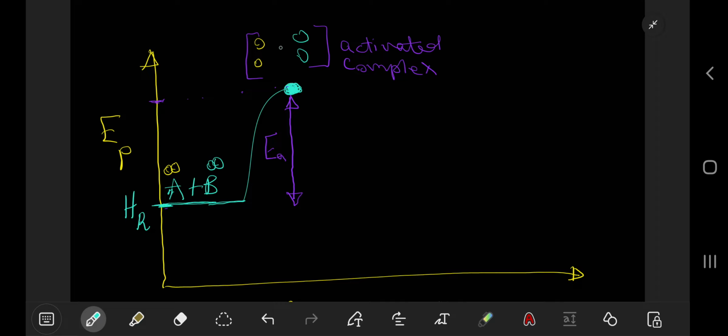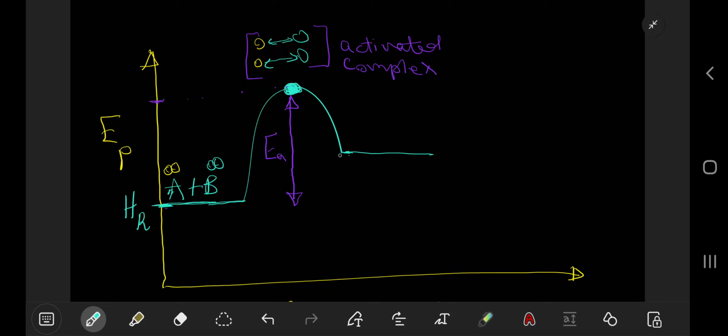After this stage A will combine with B to get your product. And now when new bonds are formed, energy is released. Now the energy goes down like that. And then let's say new bonds are formed now.